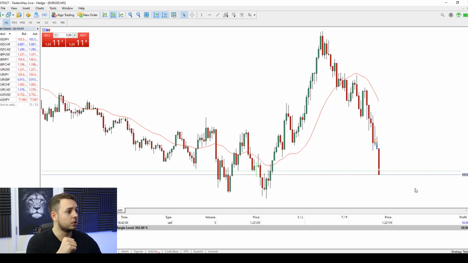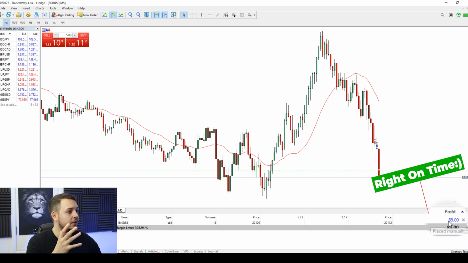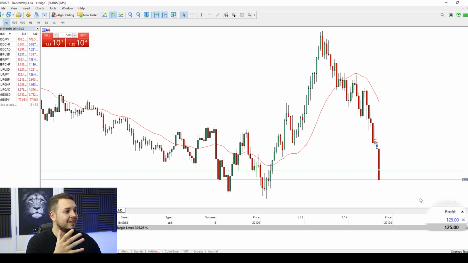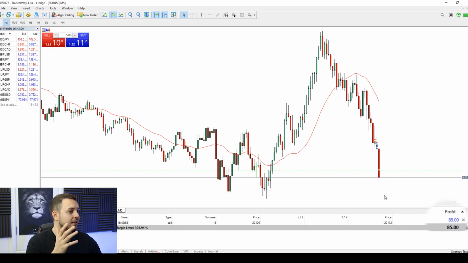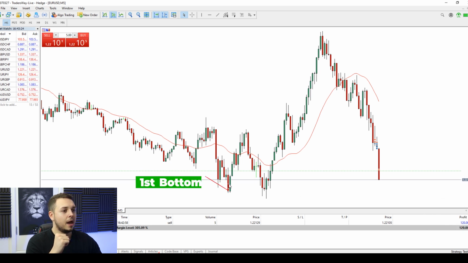I'm looking at the charts at the moment, and as you can see, $50, 85, 95, 120, and it's shooting towards the downside. As I said, fundamental analysis plus technical analysis is what makes you money. 120. We can keep this trade running a little bit more because it's likely going to reach these 2 bottoms where my cursor is.